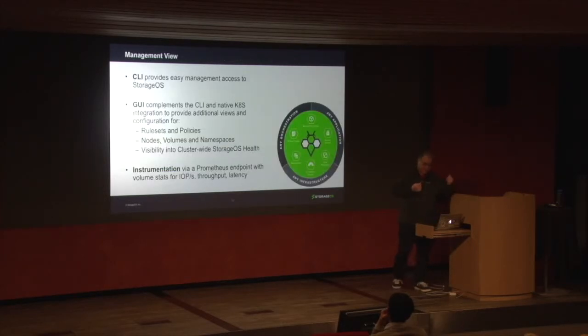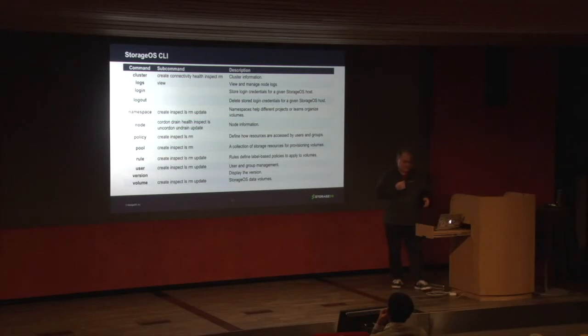From a management point of view, there's an easy to use CLI. There's a GUI which provides you the capabilities of providing additional views and configuration for StorageOS. And we also expose a whole ton of instrumentation via Prometheus. So the CLI should be very familiar if you use, for example, Docker CLIs or kubectl.